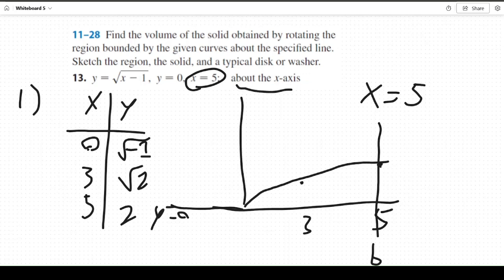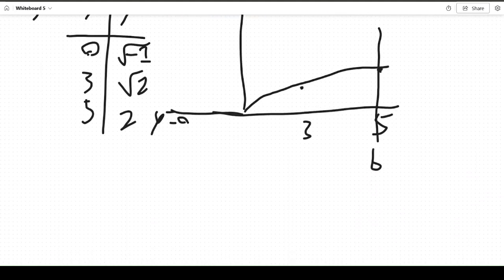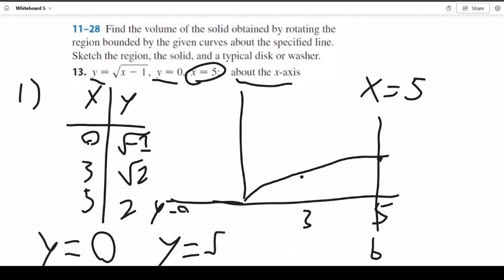So we need to find the other x value. How do we do that? Well, since we have one y value and another y value, we can just set those equal to each other and we will find the x value. So y will be equal to 0, y equal to the function.